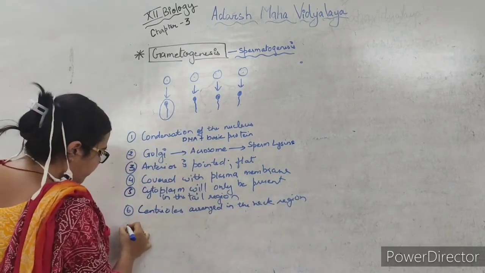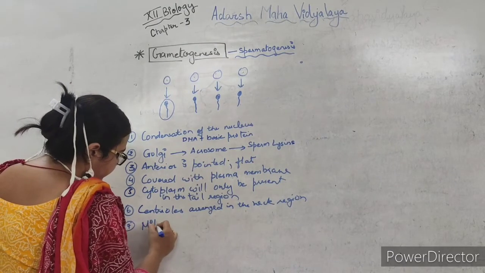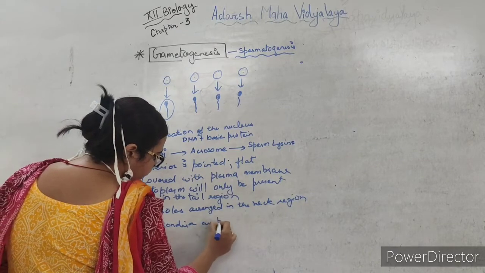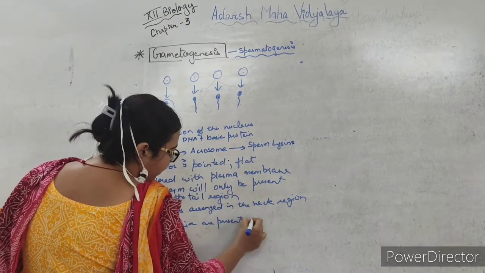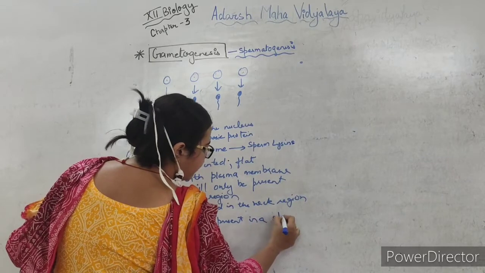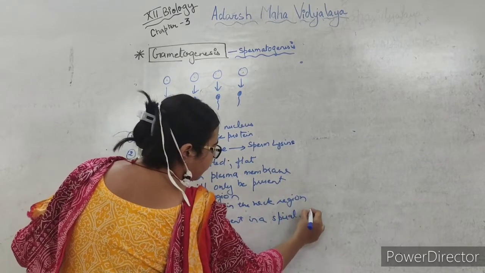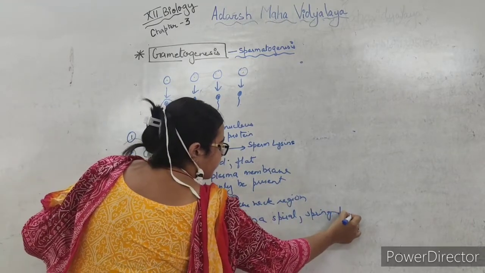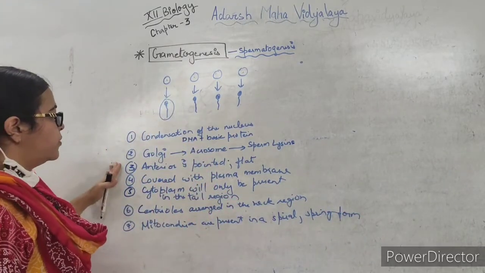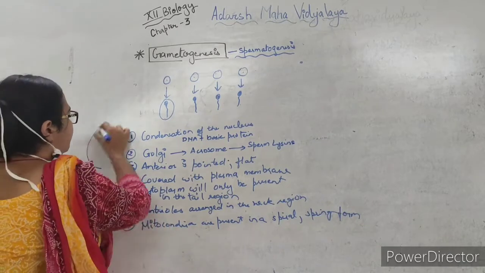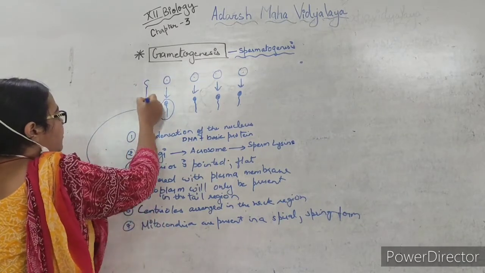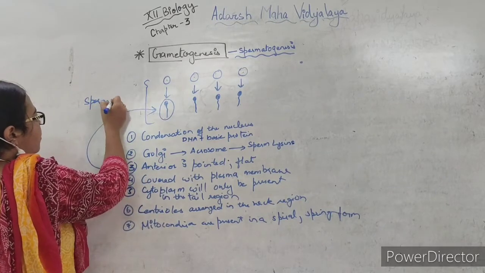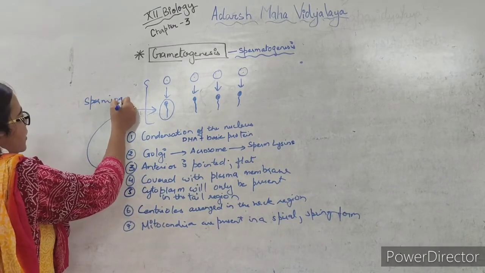And the mitochondria are present in a spiral or spring form. So these events will help in developing the structure of sperm, that is the conversion of the spermatid into the sperm, that is spermiogenesis.